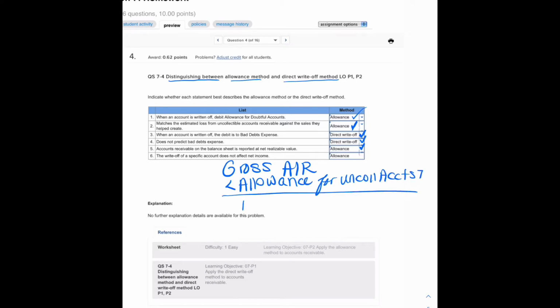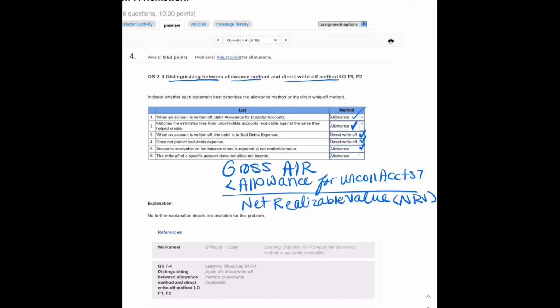And that will give you net realizable value, which is often abbreviated as just NRV. So the reason this has to be a characteristic of the allowance method is the direct write-off method doesn't even use the allowance for uncollectible accounts account. So we know that can't be part of that method.